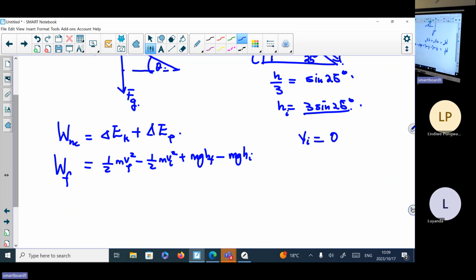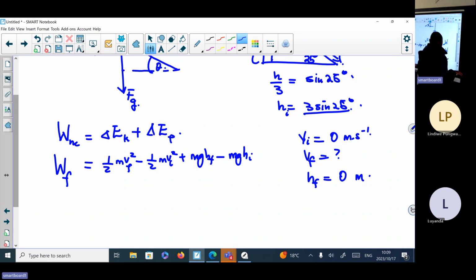Initial velocity, this was listed first. Final velocity, at the bottom of the ramp, the final height will be 0 meters because you are at the bottom of the ramp. So we're at the ground level at that particular instance.